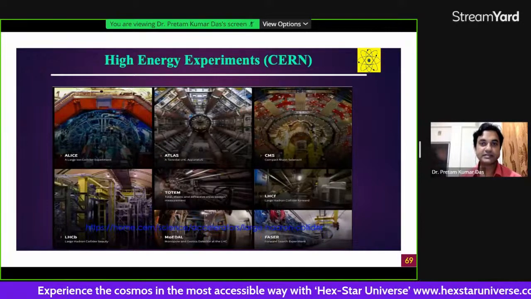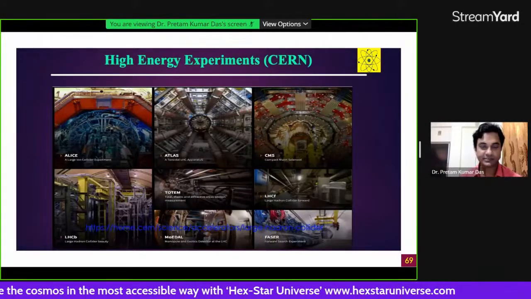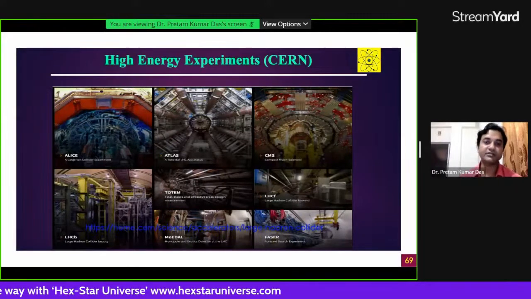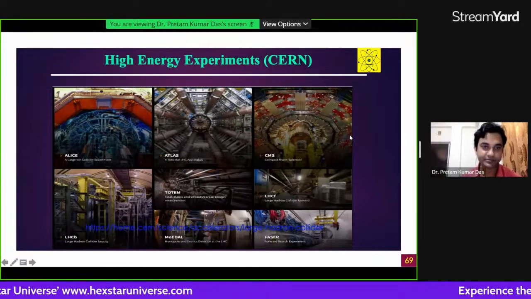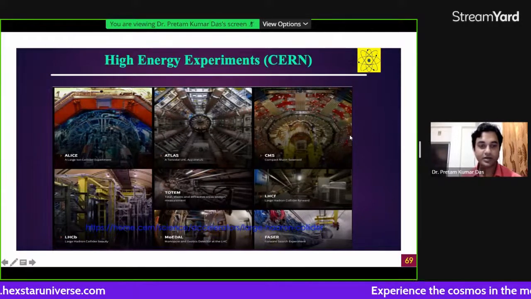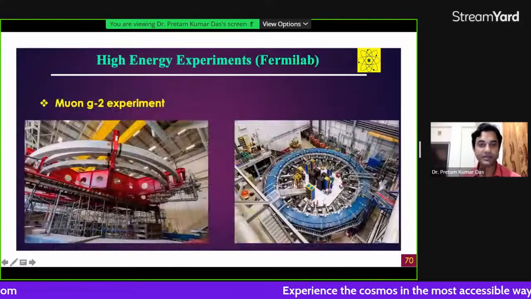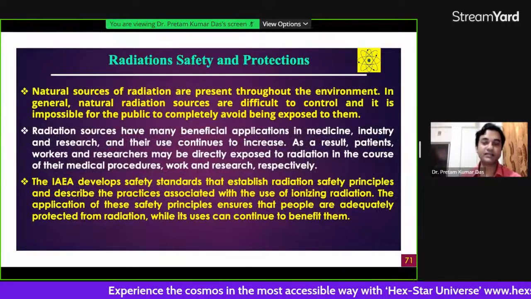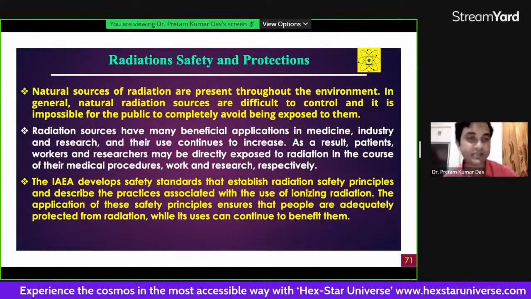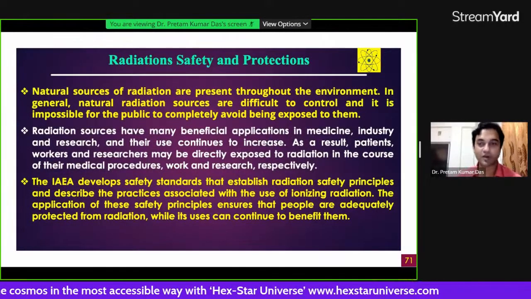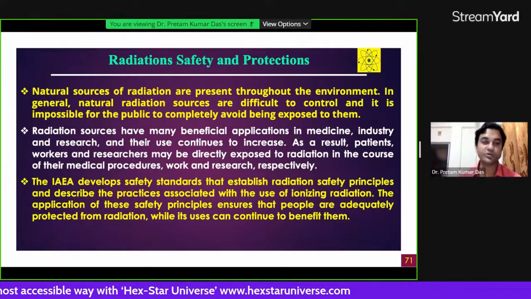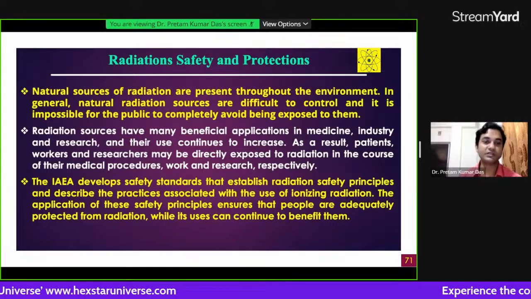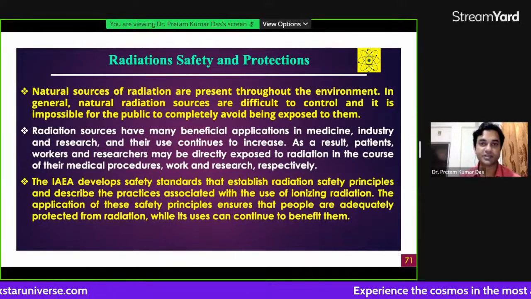Nuclear experiments are also happening in other experimental labs like CERN and Fermilab. In experiments, in nuclear power plants, or wherever we are using nuclear energy, we have to consider radiation safety and protection.